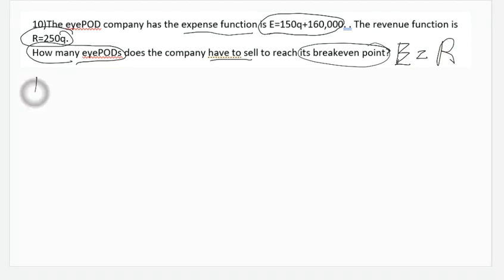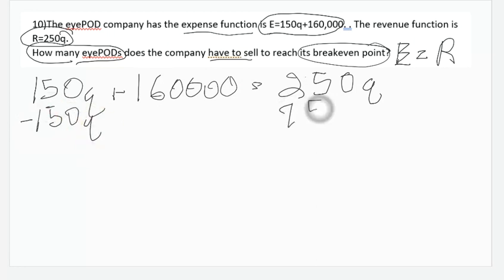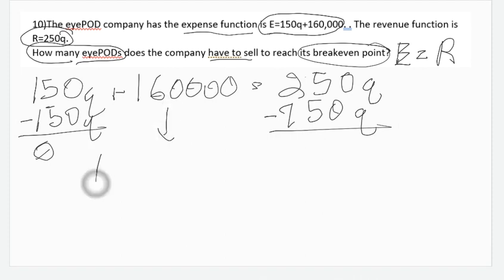So I'm going to do 150Q plus 160,000 is equal to 250Q. I'm going to get the Q's all on one side, so I'm going to subtract 150Q from each side. Remember to bring down the 160,000.